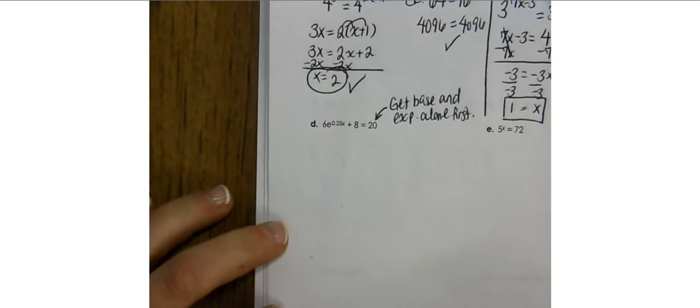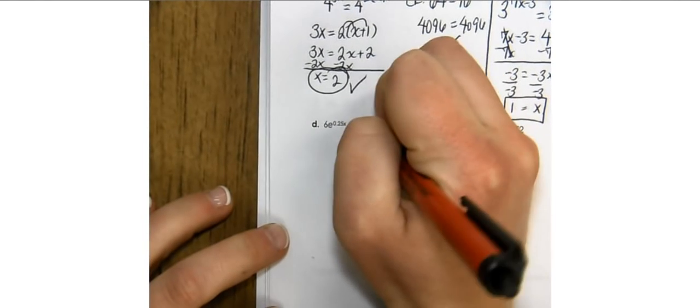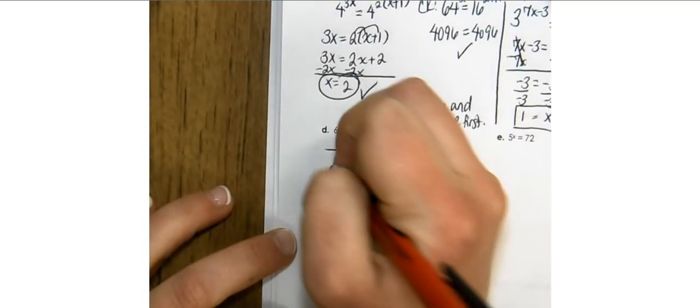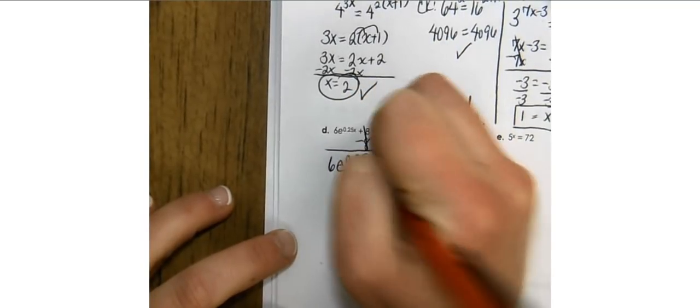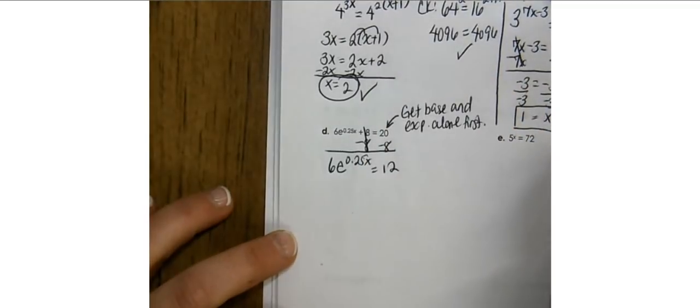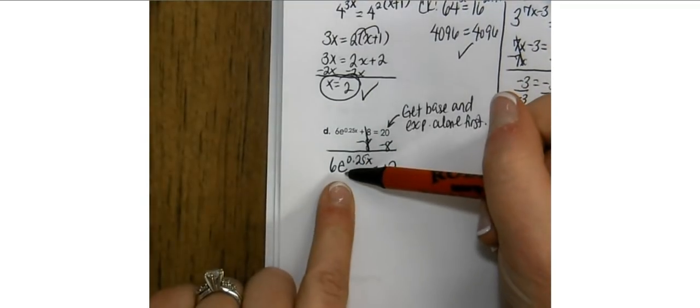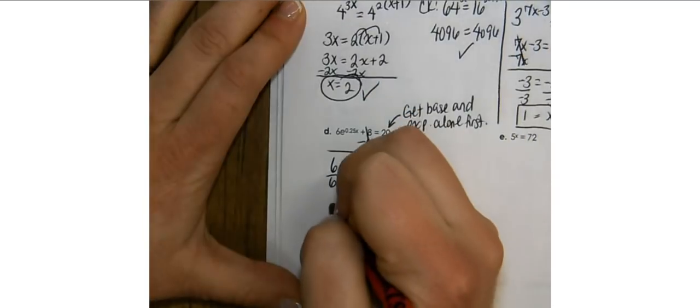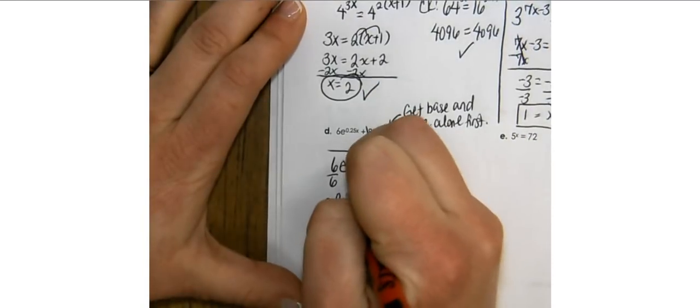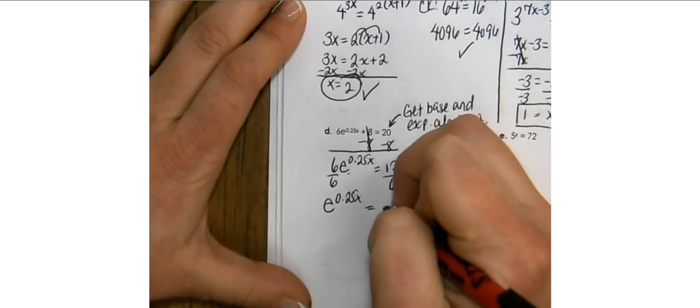So that means I'm going to start off by subtracting 8 on both sides. And I have 6 times e to the 0.25 x power is equal to 12. Now I need to get the base alone, so I need to get e alone. So I'm going to divide both sides by 6. I end up with e to the 0.25 x power is equal to 2.